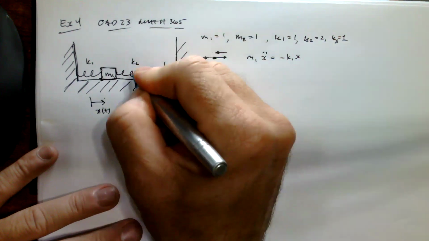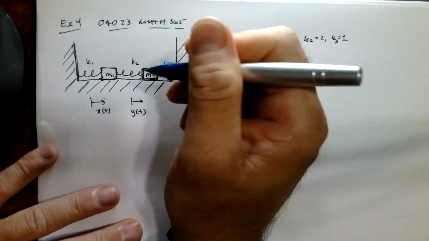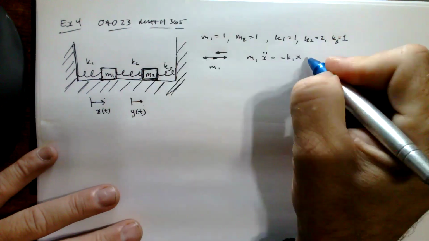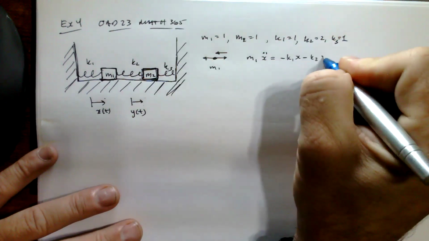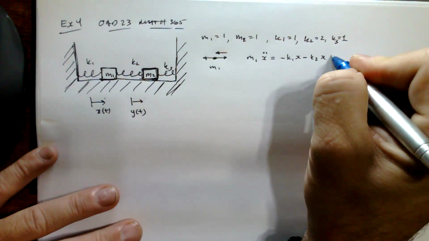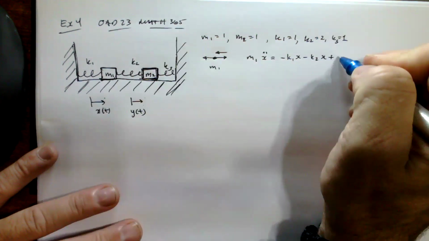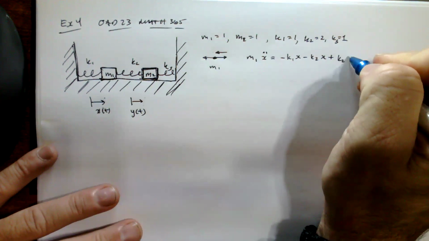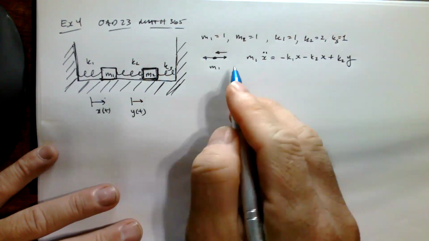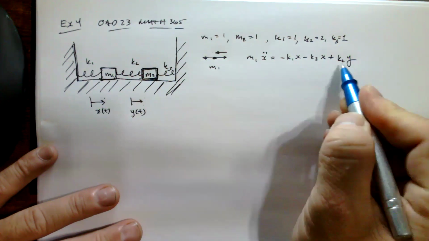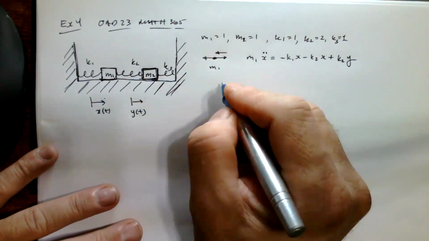Likewise, K2 is also going to be pulling it back with the displacement value, so that's K2 x. Then our initial pull in this direction will also be from K2, but in the positive y direction. So those are the forces acting upon our first mass.